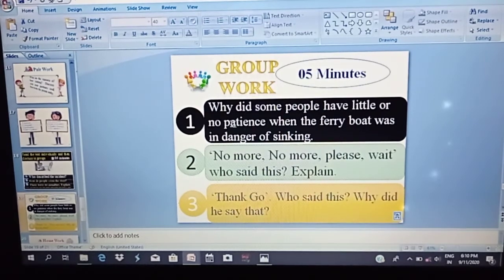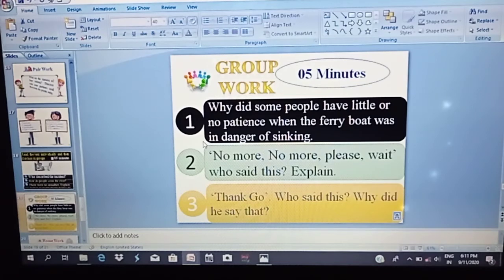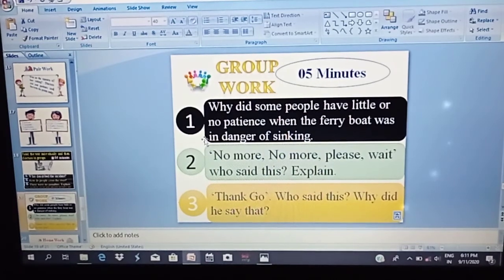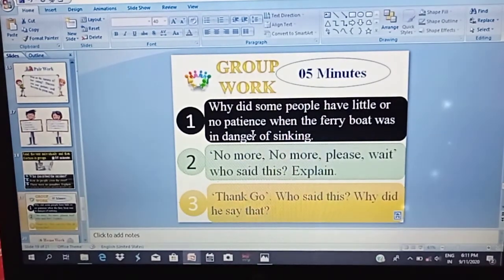Number one, why did some people have little or no patience when the ferry boat was in danger of sinking? যখন ফেরি বোট ডুবে যাচ্ছিল তখনও লোকজনের ভিতরে কেন ধৈর্য দেখা যাচ্ছিল না? Little or no patience when the ferry boat was in danger of sinking.